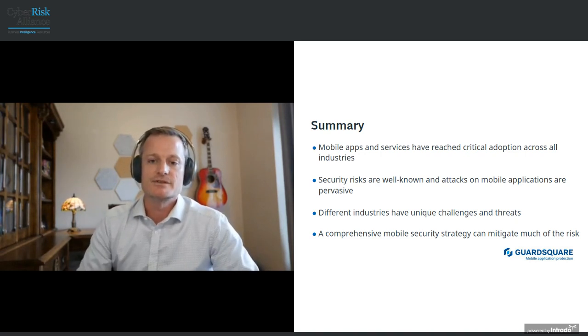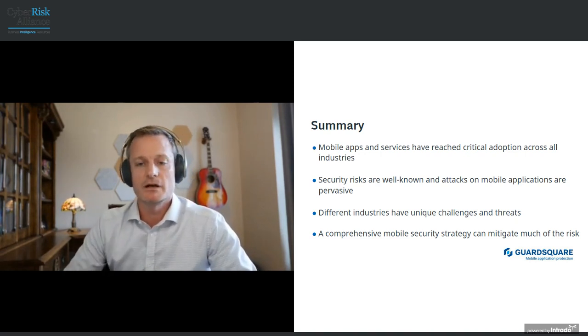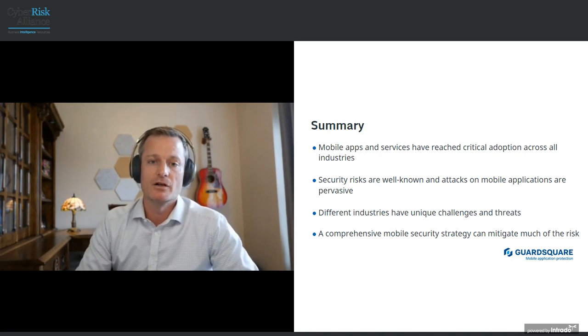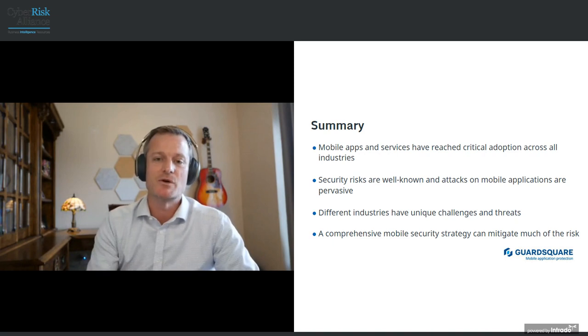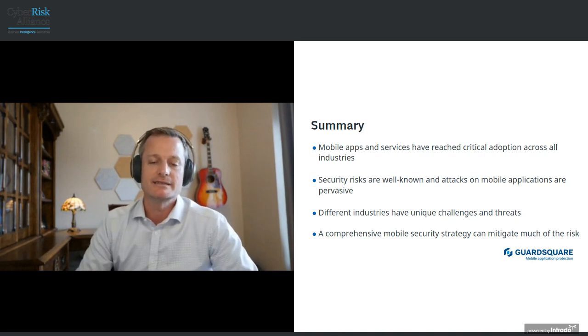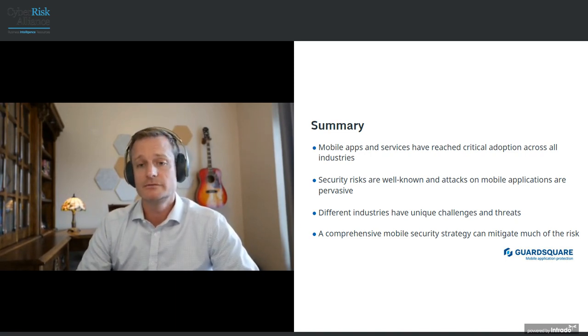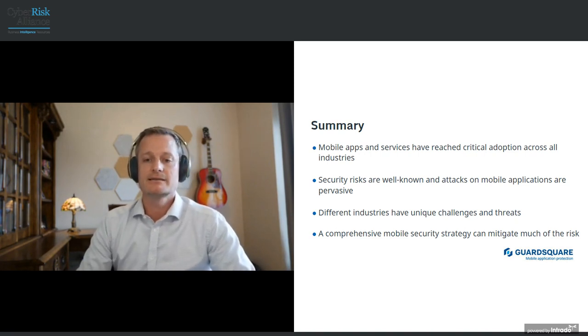Mobile apps and services have reached mainstream adoption across all industries. I think if anything we've learned in the last year and a half and 2 years is just how dependent we are on these devices to do everything from ordering groceries, food delivery, transportation, financial payments, and so forth. Security risks are well known, even if you aren't familiar with them yet, and attacks on mobile applications are pervasive.